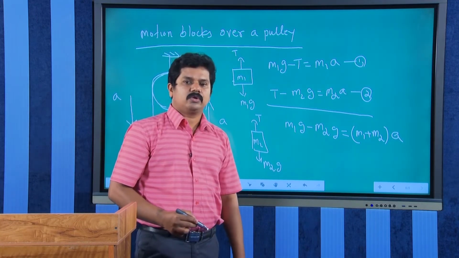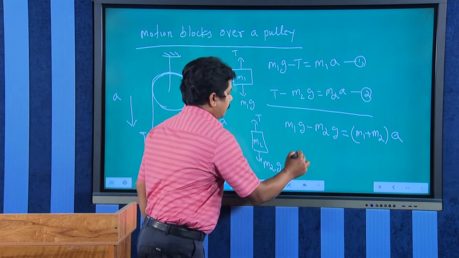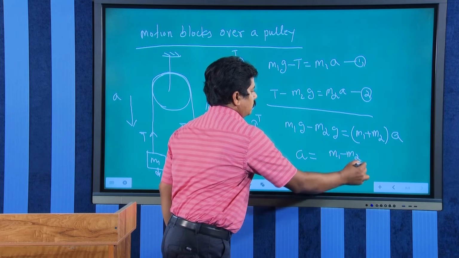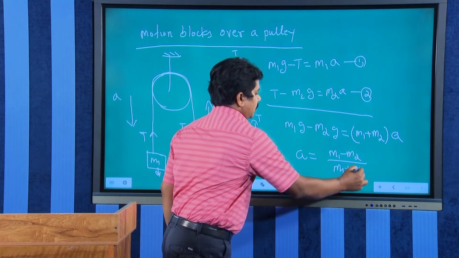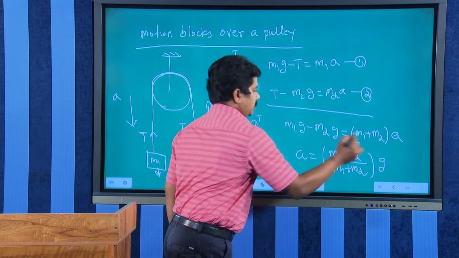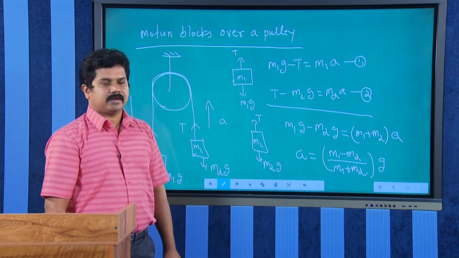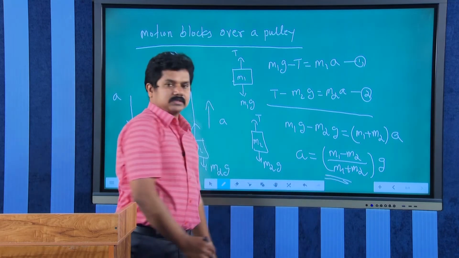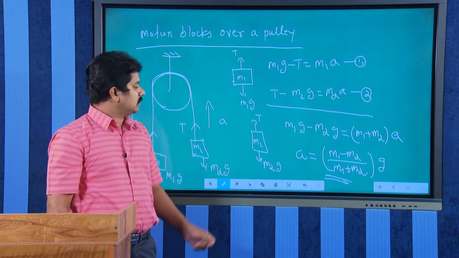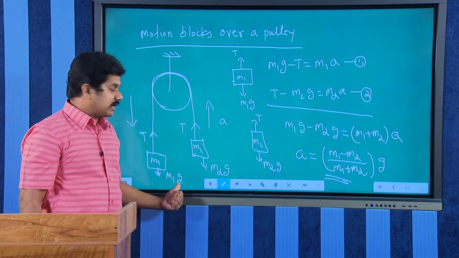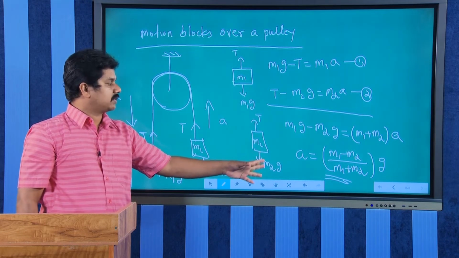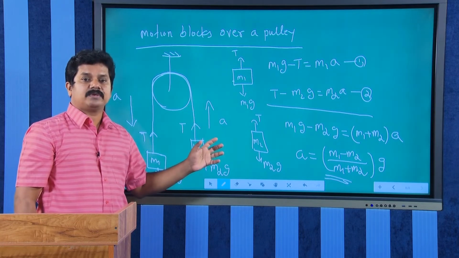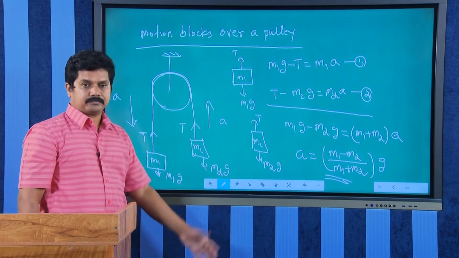So, what is a? a equal to m1 minus m2 by m1 plus m2 into g. So, this will be the acceleration of these two blocks. m1 will move down with this acceleration, and m2 will move up with the same acceleration, right. The direction will be just opposite, magnitude will be same.